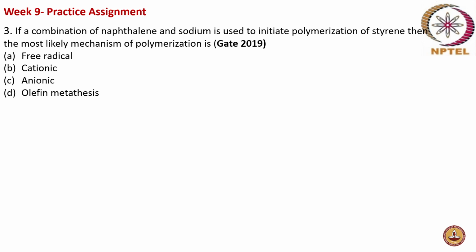Nirmal, do you also agree it is anionic polymerization? Yes, ma'am. For the styrene, it would be anionic polymerization. Okay, but how do you identify from this question? Is there any clue that helps in this question to say that it might be possibly anionic polymerization?